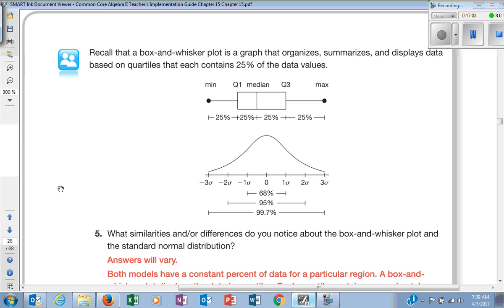There used to be this thing that you guys did called a box and whisker, and it's kind of similar to that. Okay? This right here was the min. This right here was the max.